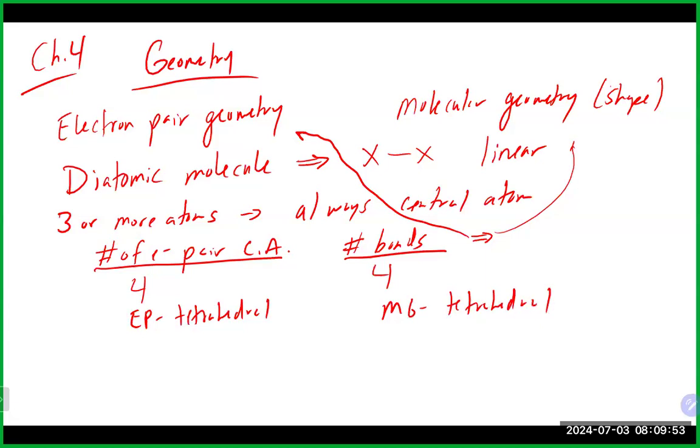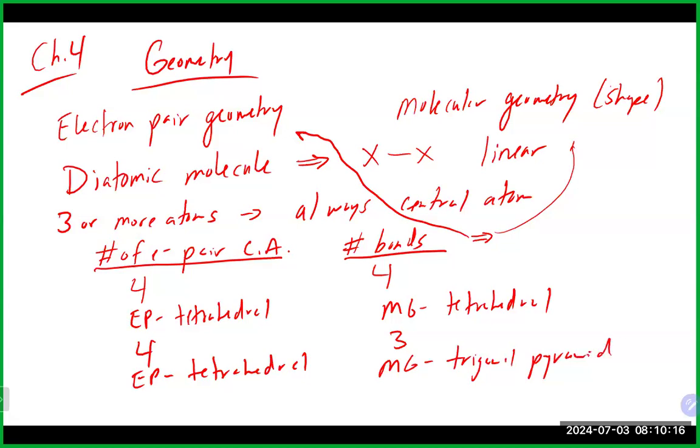If we had, say, 4 electron pairs and only 3 bonds, our electron pair geometry would still be the same. It will still be tetrahedral. But now our molecular shape, our molecular geometry, is going to be a little bit different. It's going to be trigonal pyramid.